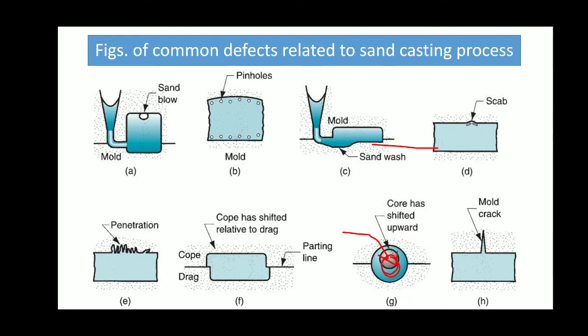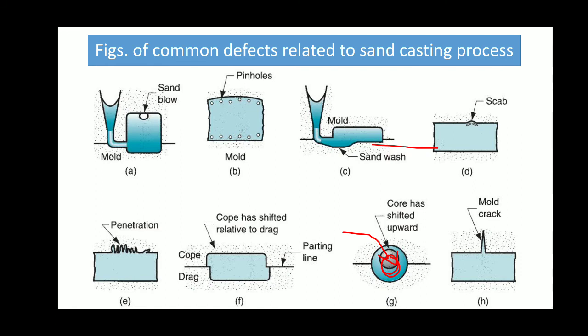The molten metal is a kind of fluid, so here also the buoyant force will be there. While filling up the mold cavity, the core is just like a particular part which is under the influence of buoyant force. And if the core is not stable enough, that buoyant force working on the core can shift it, generally in the upward direction.